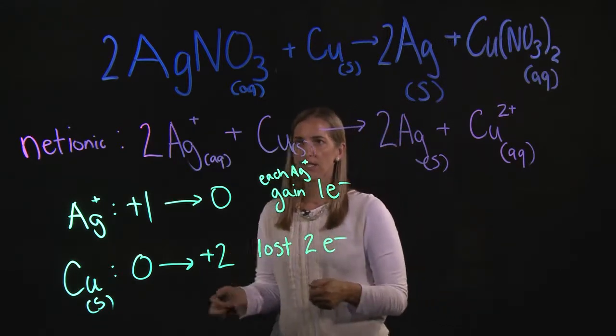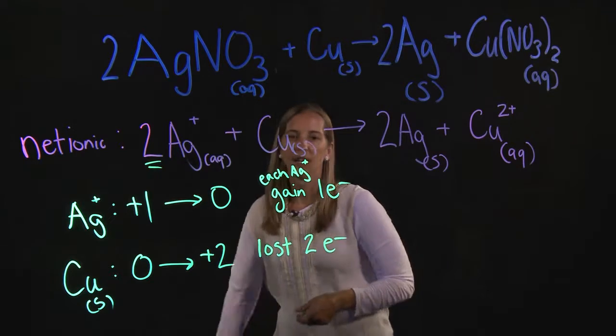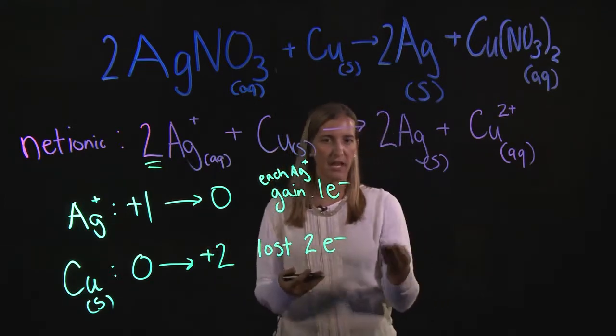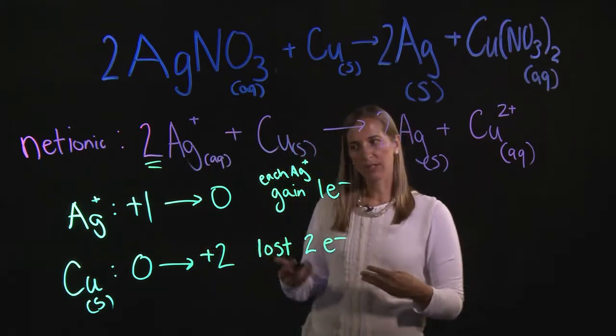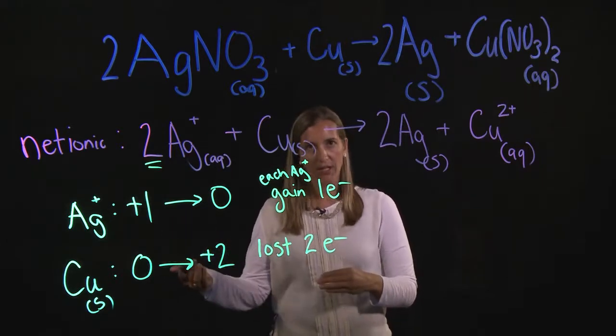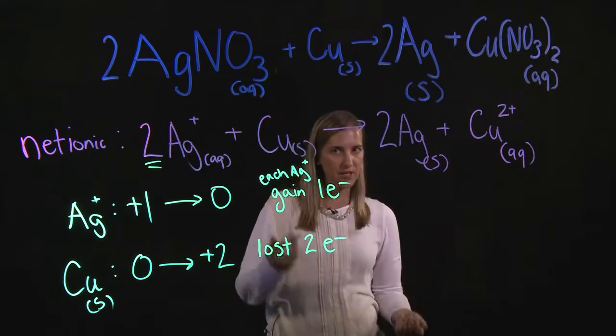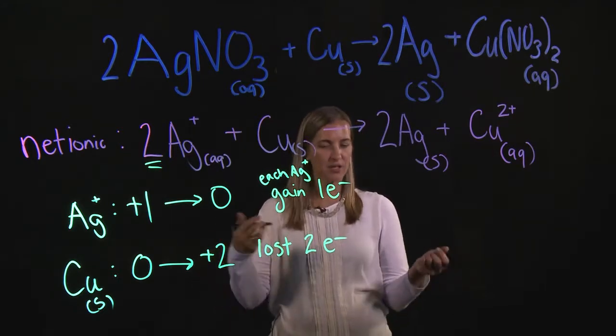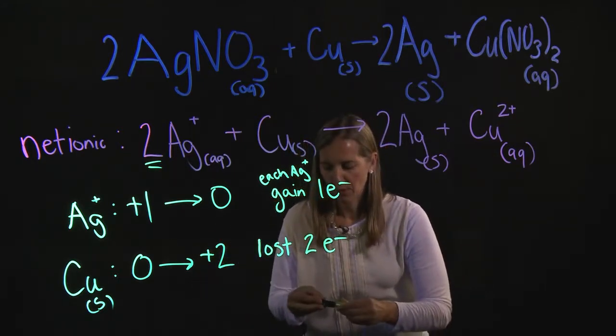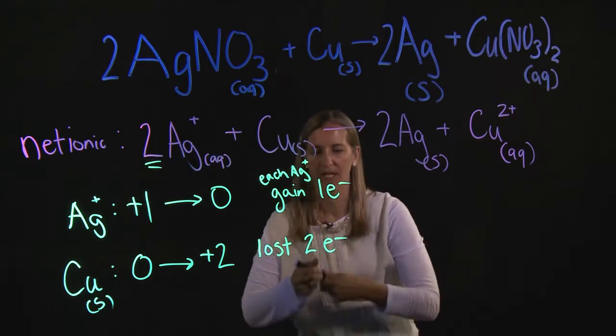Each of the silvers, there were 2 of them here, gained an electron. So that was 2 electrons gained, and those electrons came from the copper. It started off as a 0, went to a +2, lost electrons. As far as redox goes, oxidation reduction, let's go back to our oil rig. Remember this?